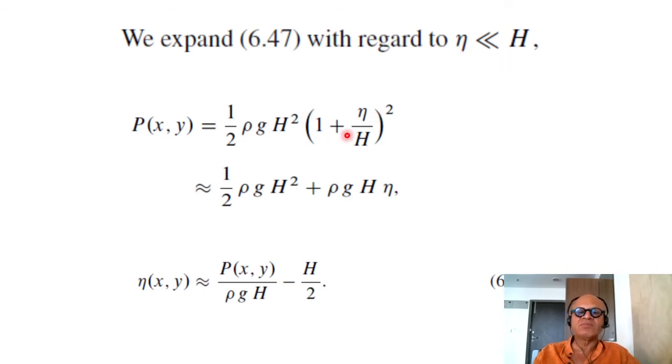So this basically becomes 1 plus 2 eta over h, which then becomes approximately equal to 1/2 of rho g h squared plus rho g h times eta. So I've dropped the eta squared term here. So eta(x,y) is approximately equal to P(x,y) divided by rho g h, minus h divided by 2.